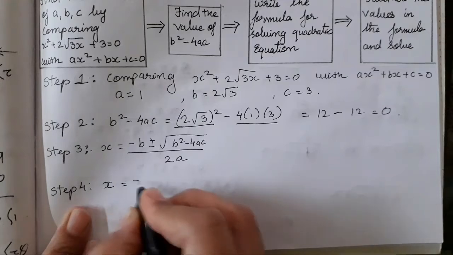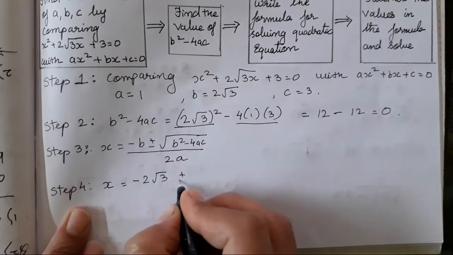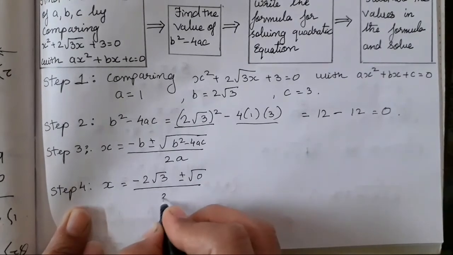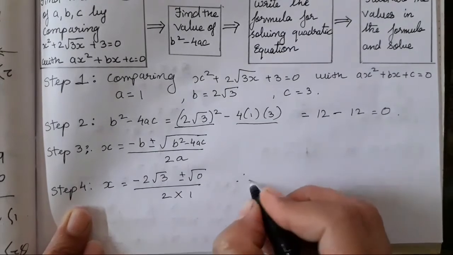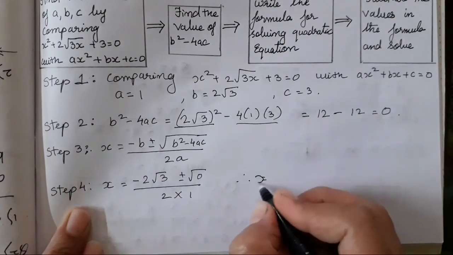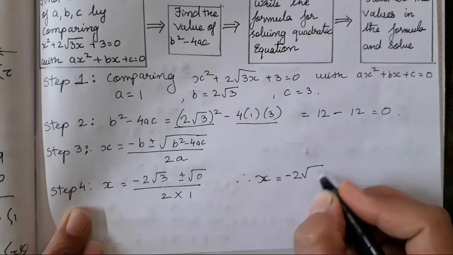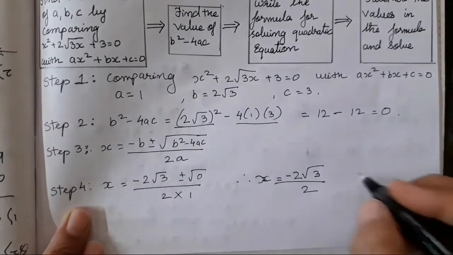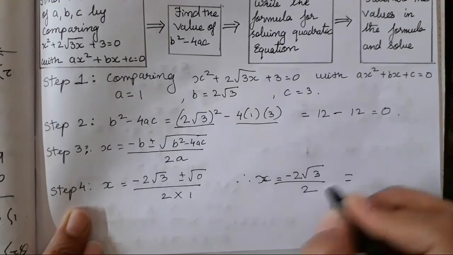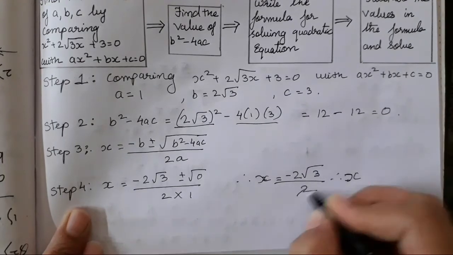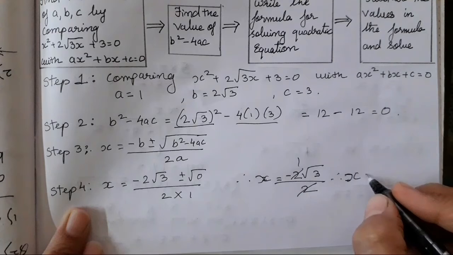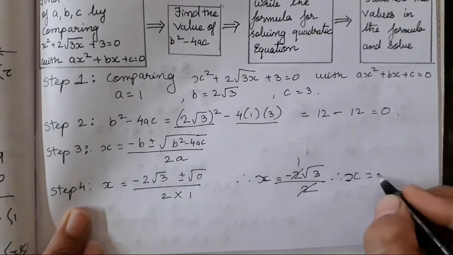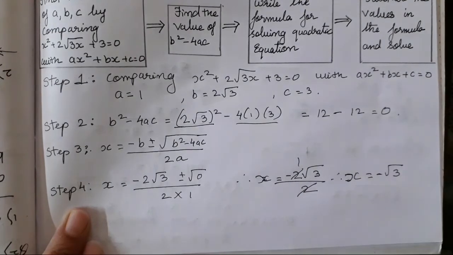So x is equal to minus 2 root 3 plus and minus root of 0, upon 2 into 1. So therefore x is equal to minus 2 root 3 upon 2, because this is going to get cancelled. So over here also, therefore, 1s are, so x is going to be minus root 3.